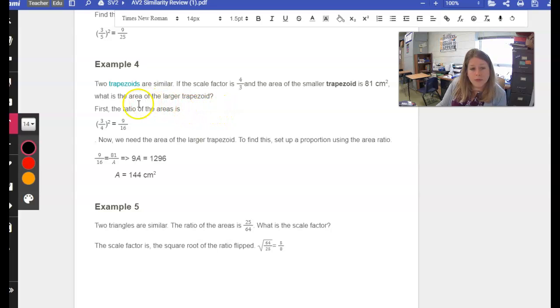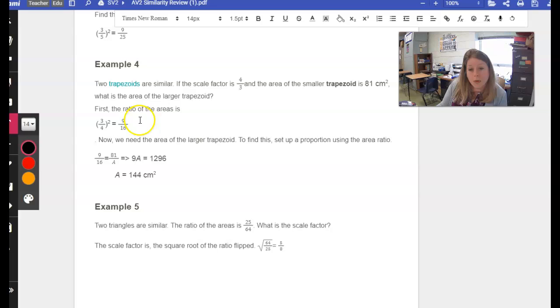For example 4, we have two similar trapezoids. The scale factor is 4/3. That means we're enlarging this trapezoid. If the area of the small trapezoid is 81, what's the area of the large trapezoid? Alright, so the ratio of the areas is 3/4 squared. Notice that this is the flipped version of 4/3. Ratio is the flipped version of the scale factor. So the ratio of the areas is 9 to 16.